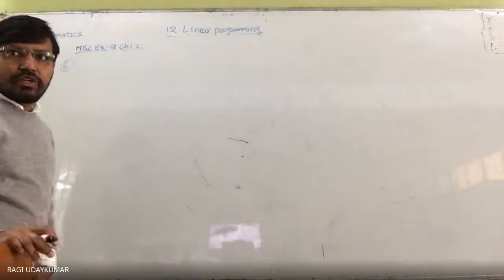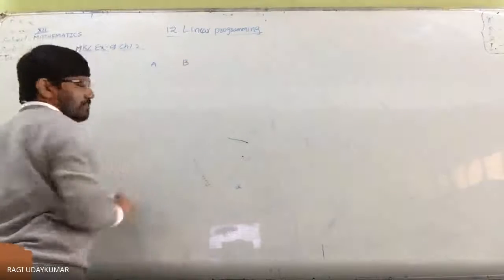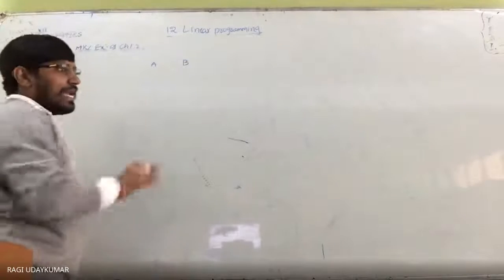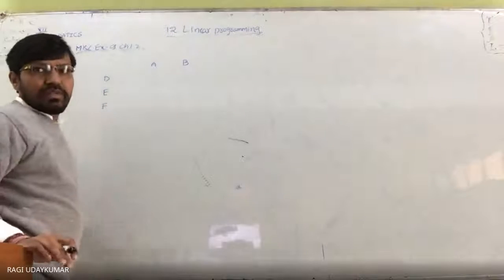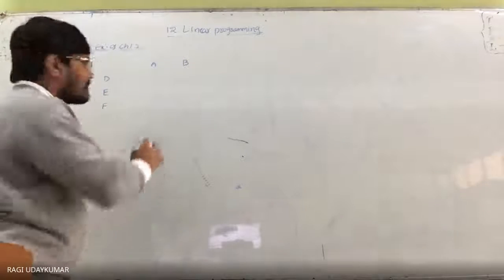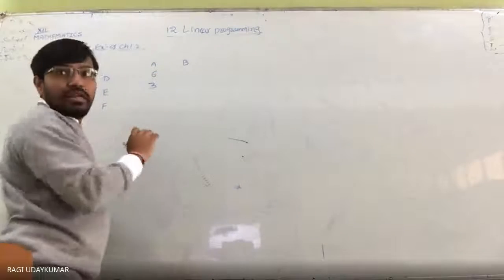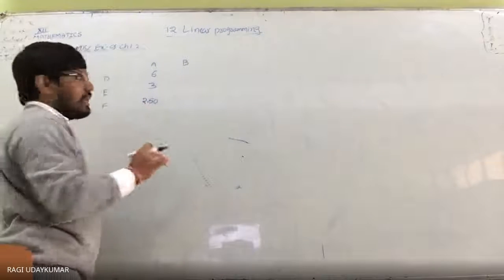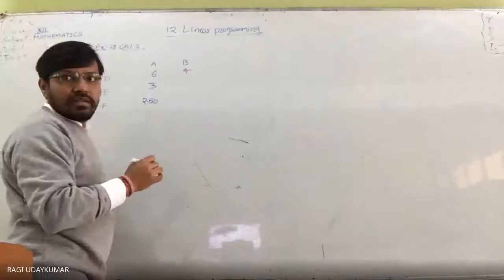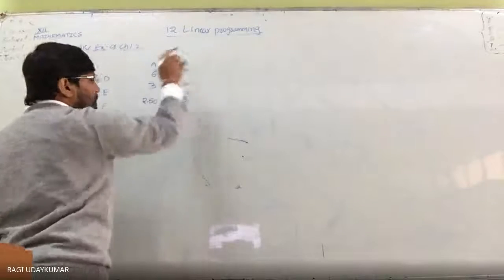A and B are the godowns, and D, E, F are the ration shops. From A to D the cost is 6, here 3, here 2 rupees 50 paise per quintal, and from B here 4 rupees, here 2 rupees, and here 3 rupees per quintal.